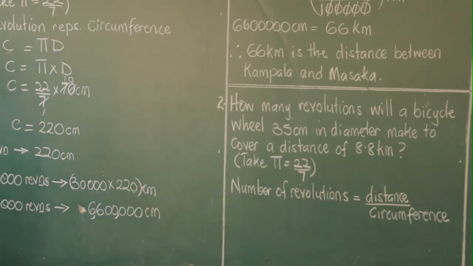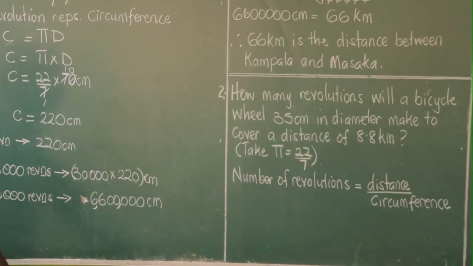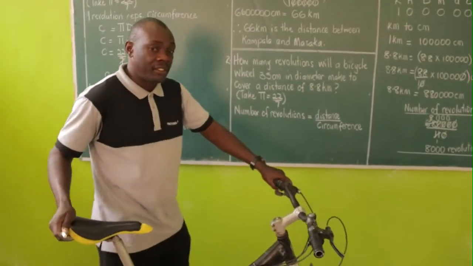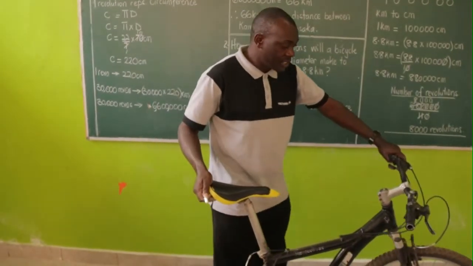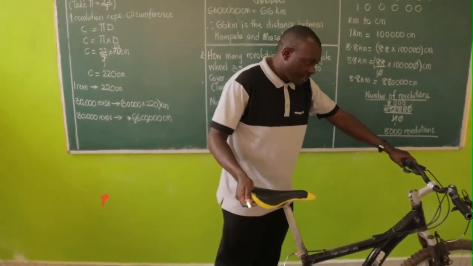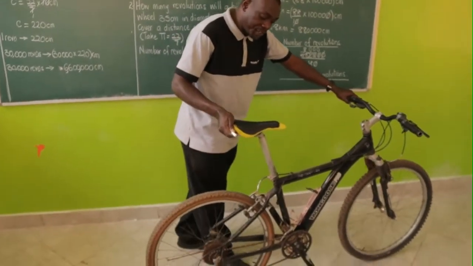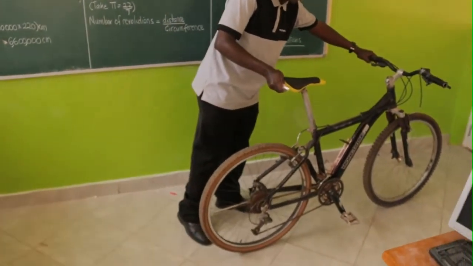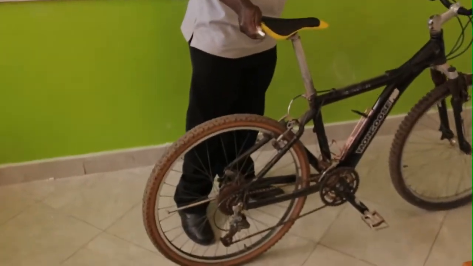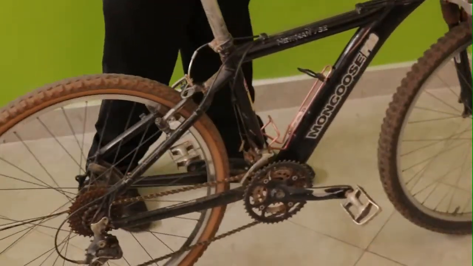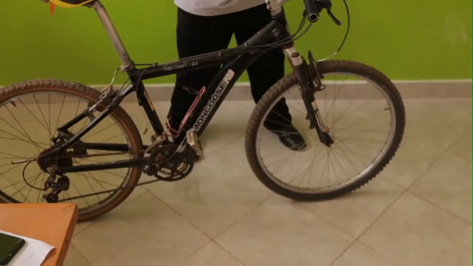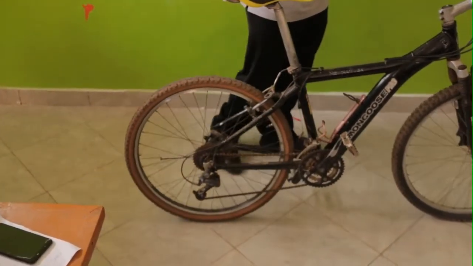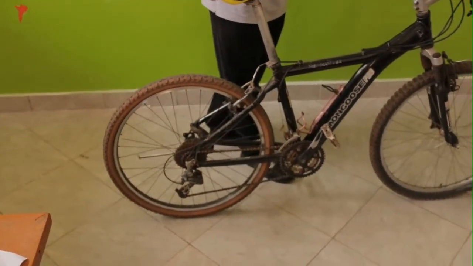As one can notice from the bicycle they have at home, it rotates like this. The moment it makes one revolution or one rotation, it will have made what's called circumference. You see it's rotating. Why does it rotate? Because of the shape it is designed.